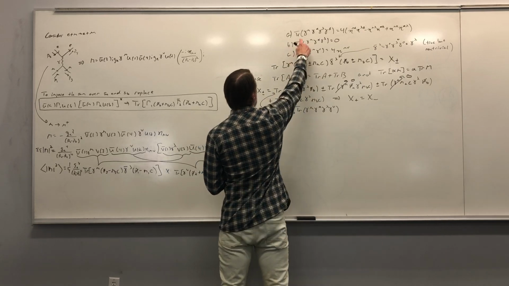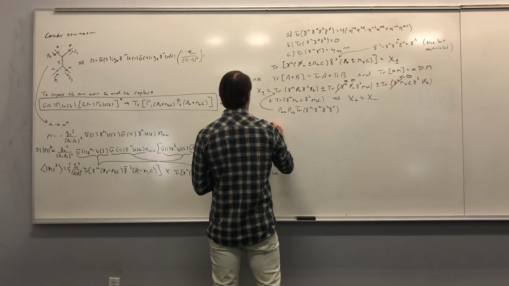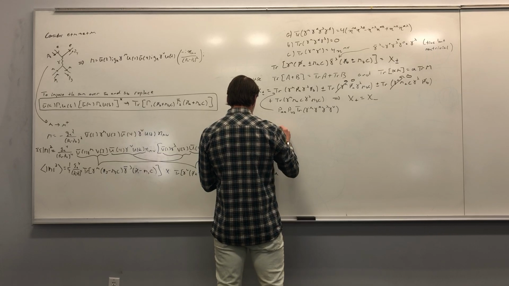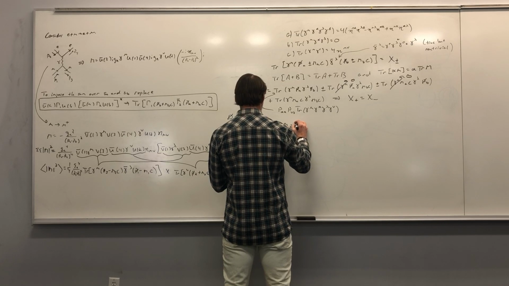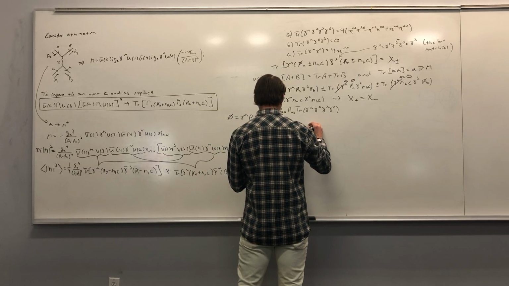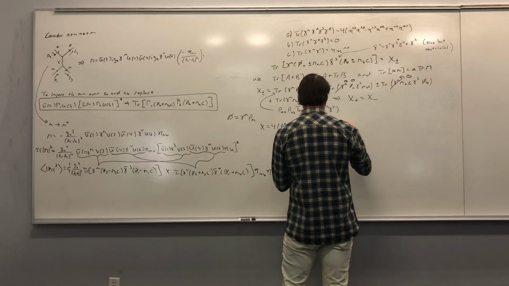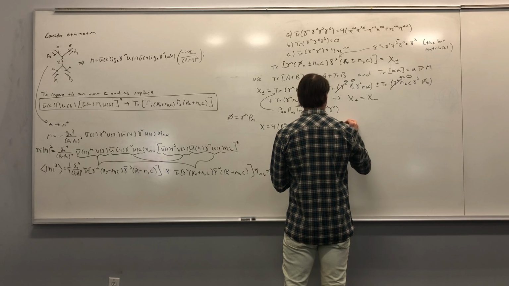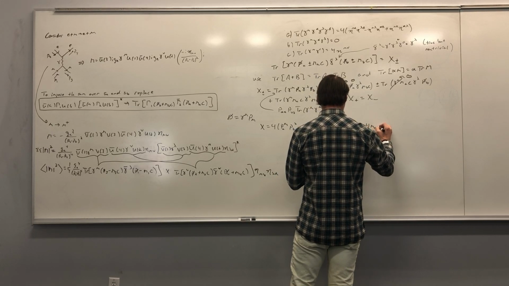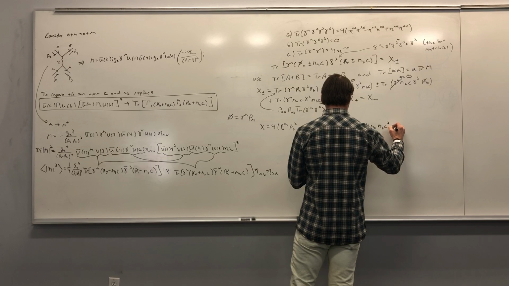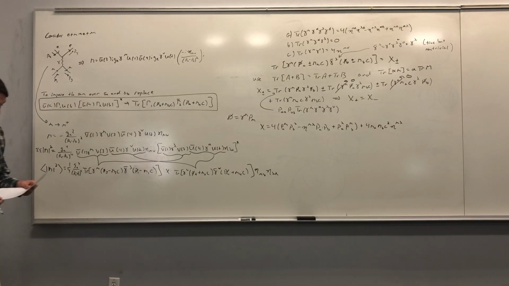If I apply this to this expression, and I apply this to this expression here, then what I'm going to end up with, and I'll just call it x now, is 4 times PA mu PB lambda minus eta mu lambda PA dot PB plus PA lambda PB mu plus 4 MA MB C squared eta mu lambda. Okay?